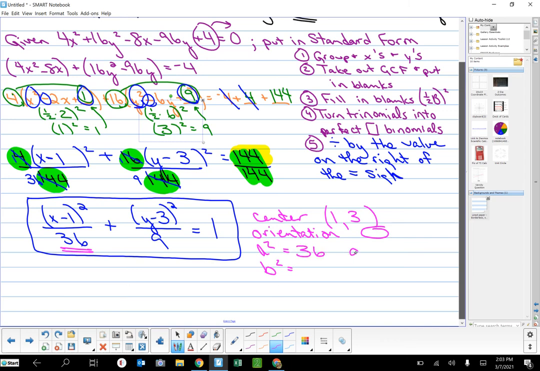So a is going to be 6 and it's going to go left and right. B squared is 9, so b would be 3 and it would go up and down. And if you were going to graph this thing, that would be all the information that you would need to actually do that graph.